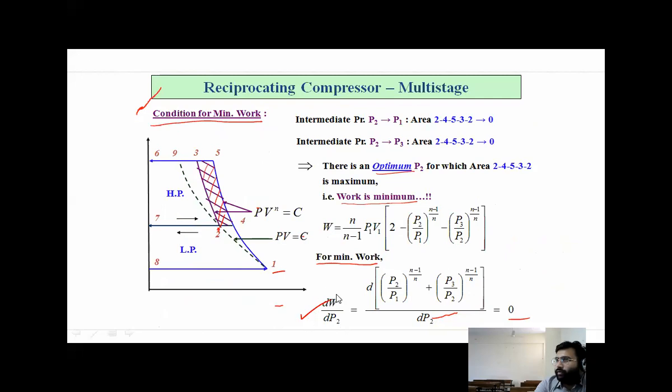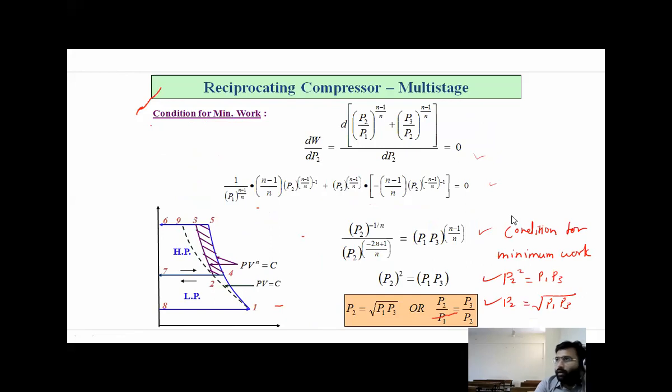This term, dW by dP2, should be equal to 0. And then after that, write down this P2 should be equal to square root P1 P4.